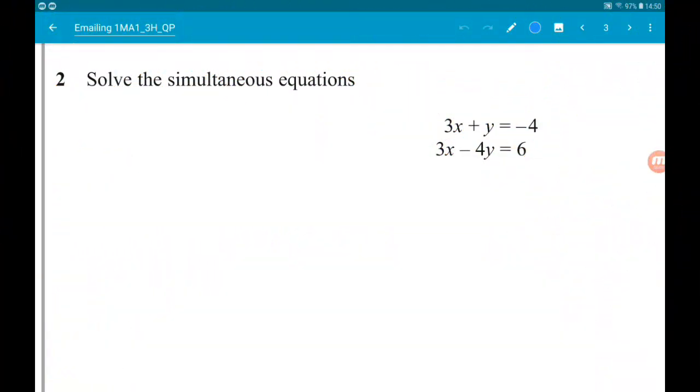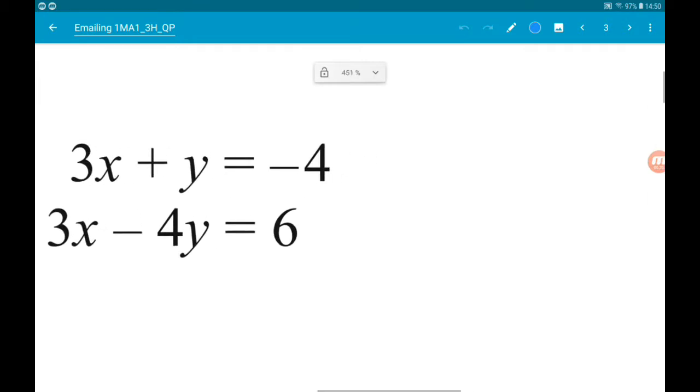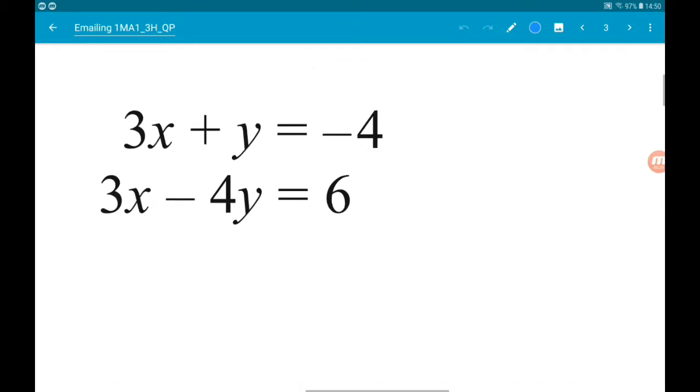Number 2 wants us to solve the simultaneous equations 3x add y is equal to minus 4 and 3x minus 4y is equal to 6. If you struggle with these, my playlist is down below. Both equations have a 3x in them, which means we can eliminate the x terms by using subtraction.